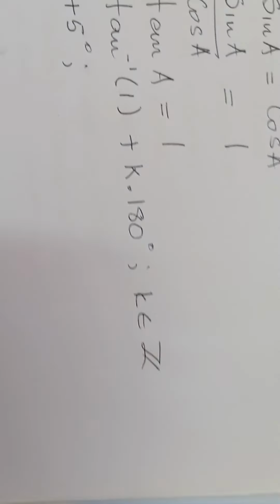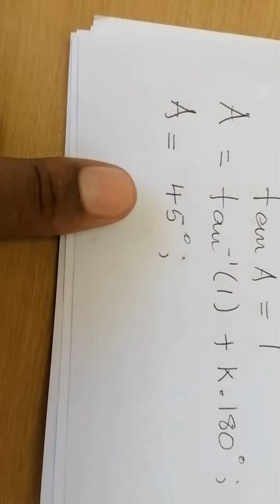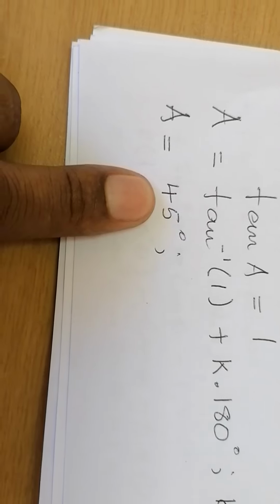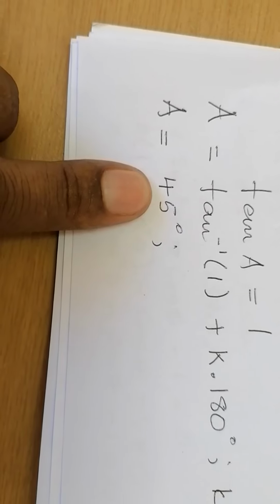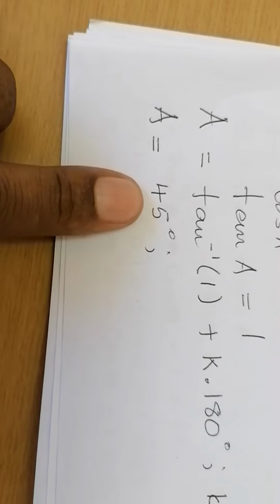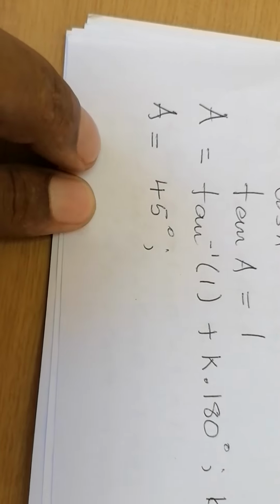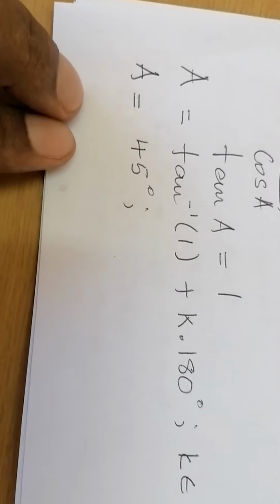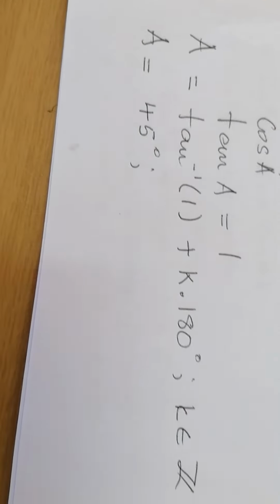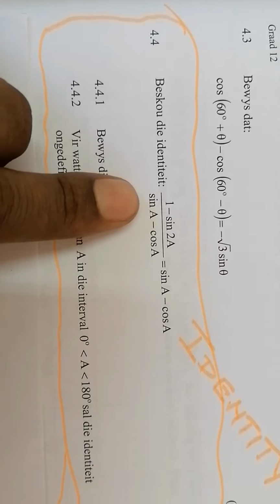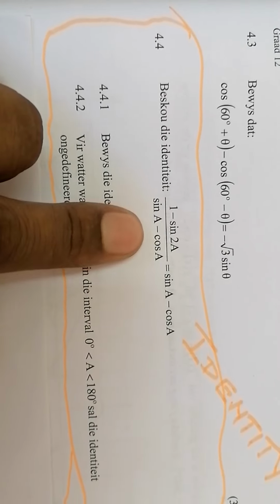In this case, I got A equals 45 degrees, because 45 degrees is greater than 0 but smaller than 180 degrees. Remember again, in this case, I could have done this by inspection.